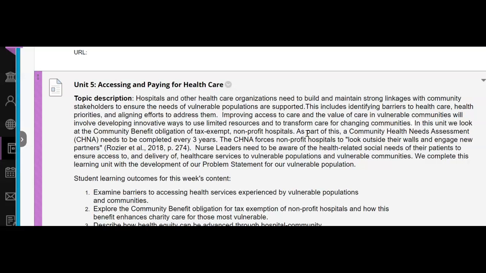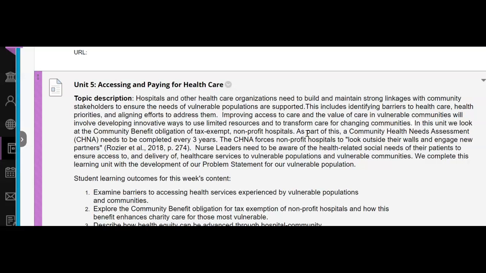So it's important for us as nurse leaders to be aware of this community benefit and to have a better understanding, and then to reach out into our own organizations to see who is leading this. And nurse leaders really need to be aware of the health-related social needs of their patients in order to ensure access to healthcare services.